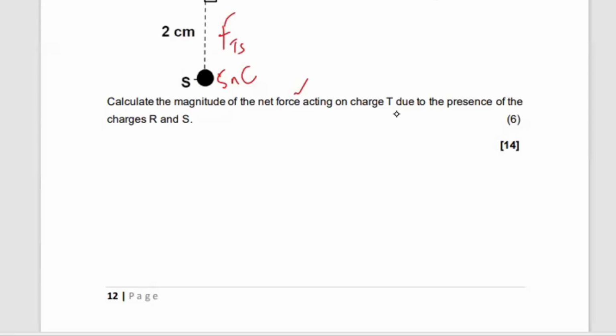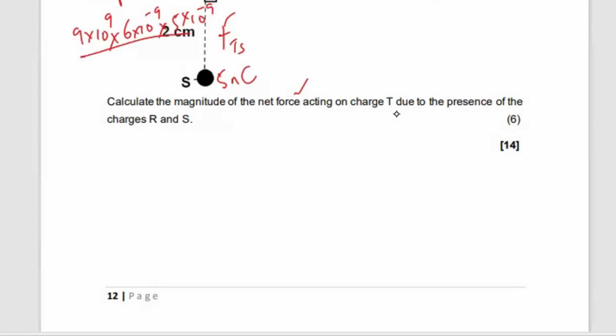So for this first one, I'll say FTS. We know that it is k Q1 Q2 over r squared. Our k is 9 times 10 to the 9. The Q1 is 6 times 10 to the -9. The Q2 is 5 times 10 to the -9.